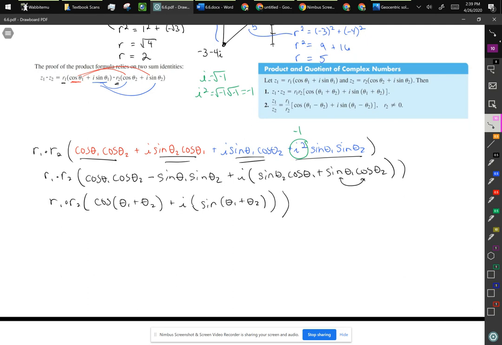What do you do with their two angles? Add them. And that's it. Instead of having to do distribution over and over, all you have to do is add the angles and multiply the radii, and that's it. For the quotient, you just do the opposite. You divide and you subtract the angles.